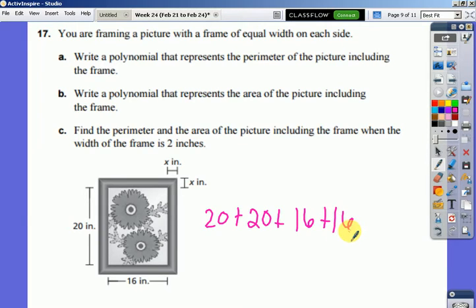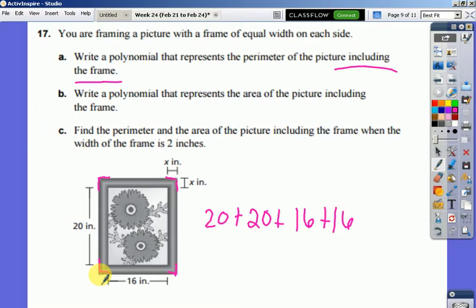The x's, which take into account the frame. It says including the frame. So if I include the frame, how many x's do I have? I have 8. Here, here, right? Here, here, and then here, here, here, here. Yeah?